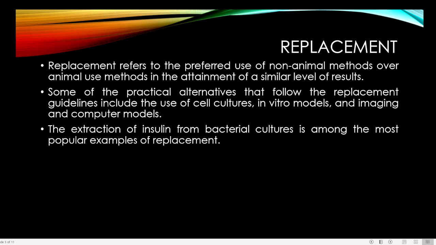So that will be more pure, and easier to produce in large numbers. So that is why the cost of insulin has come down a lot, because we are basically using insulin produced from bacterial cultures. So these are some examples where we can adopt replacement as a strategy for animal welfare.